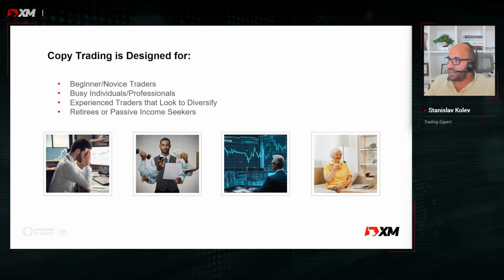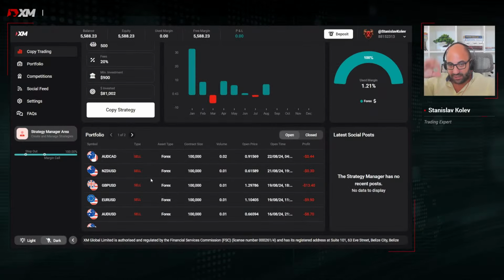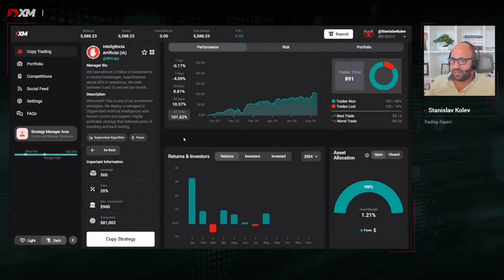And is there a possibility that I lose all my capital in copy trading? Yes, there is a possibility. If the person that is in charge of operations, the person that you're copying, loses his capital, you're going to lose your capital too. That is why we don't copy everybody.